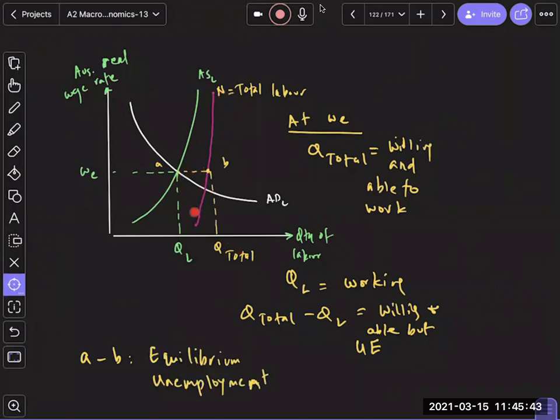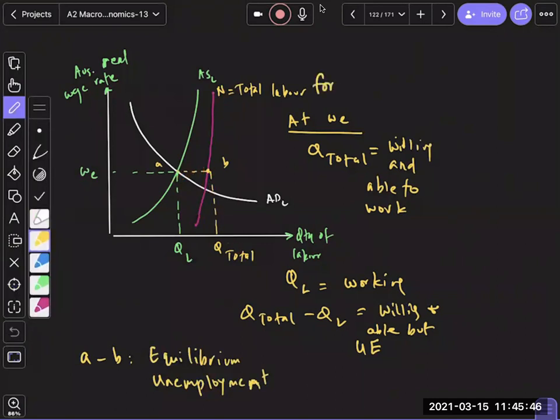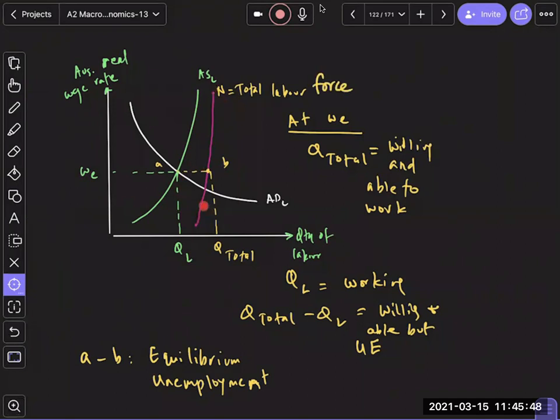And that's why this is my total labor force curve. While this is my total labor force curve, there are some people who are at equilibrium who are actually unemployed. And who are these people who are equilibrium unemployed? Basically, those who are willing and able to work but unable to find the right kind of work.